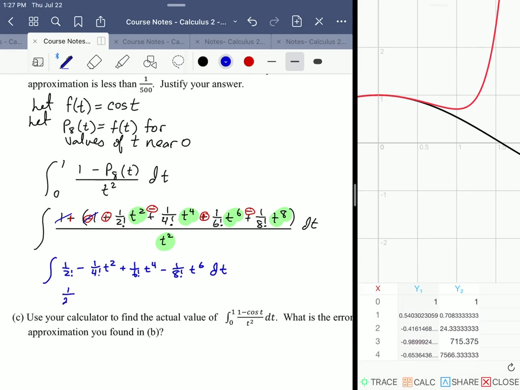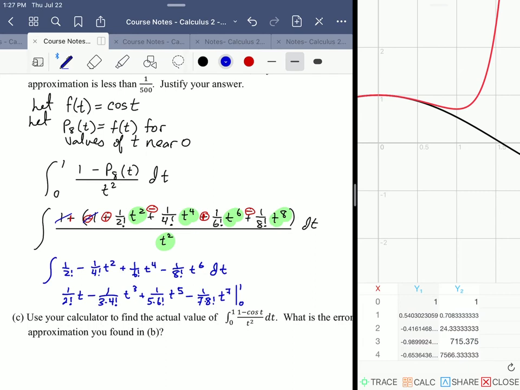So 1 over 2 factorial t, minus, well, the next one is going to go to a power of 3, so 1 over 3 times 4 factorial t to the 3rd plus 1 over 5 times 6 factorial t to the 5th minus 1 over 7 times 8 factorial t to the 7th over the interval of 0 to 1.